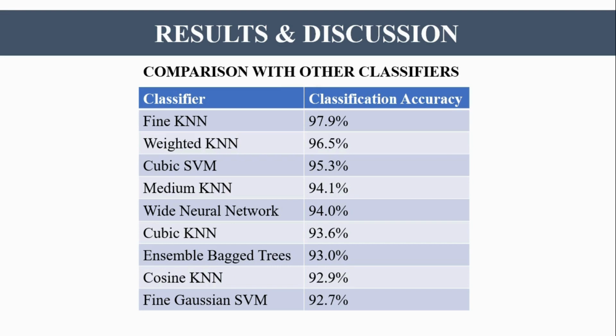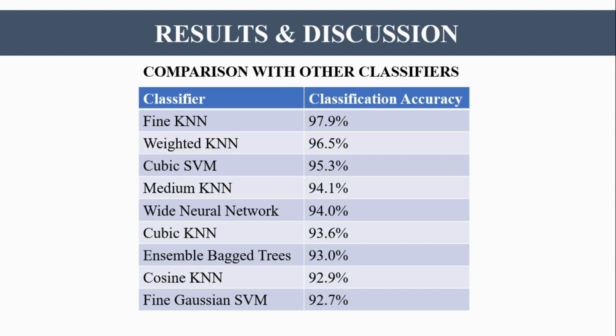The reason why fine KNN has outperformed classifiers like SVM and neural network is that KNN focuses on local patterns and non-linearities and can work with a wide range of features. It actually traces the local patterns in the data.